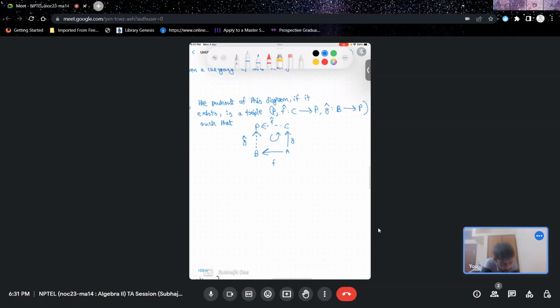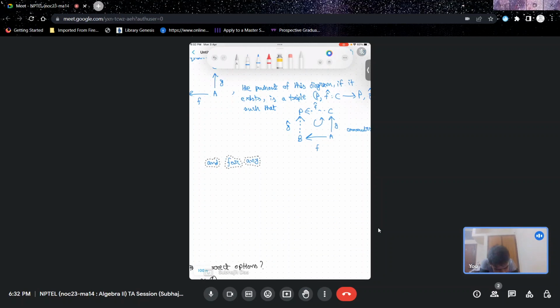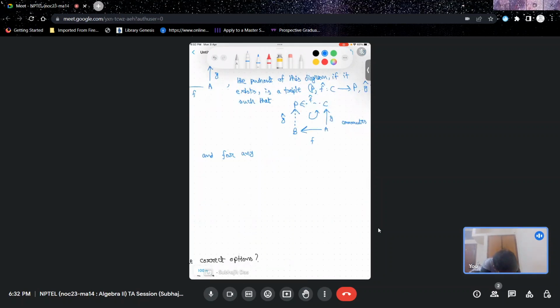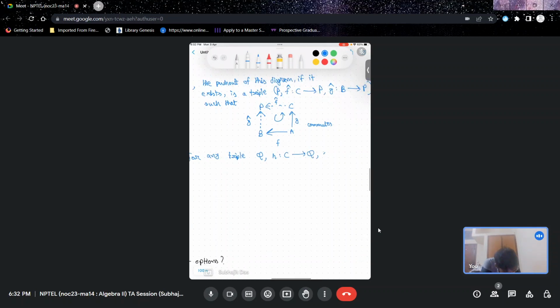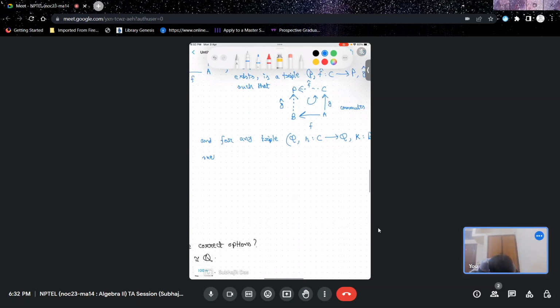So which means that, I should write, such that this square commutes, and for any triple Q, let's say H from C into Q, and K from B into Q, such that this commutes.